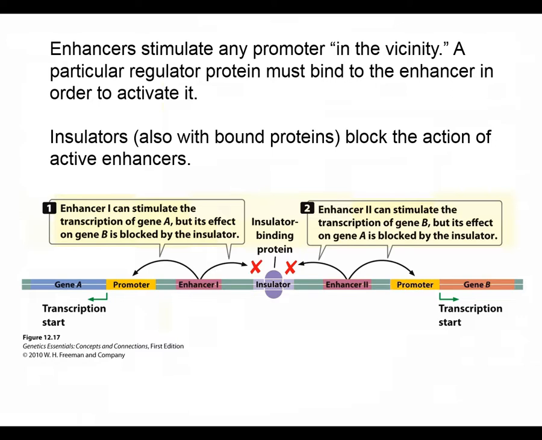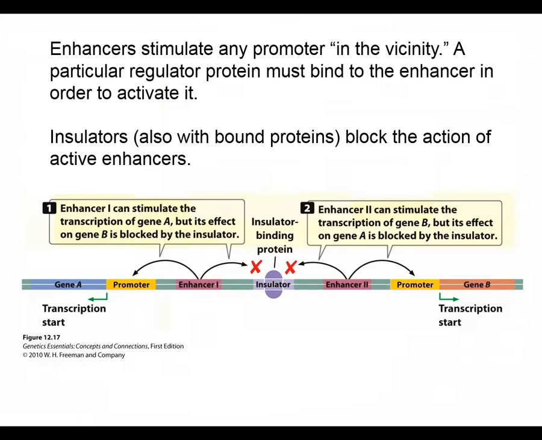Now, because enhancers can act at something of a distance, sometimes you'll find regions of DNA that bind proteins, and those proteins are called insulators, and that blocks the effect of the enhancer from going any further. So like this enhancer would only activate this promoter, but since there's an insulator here, it would not activate this promoter.